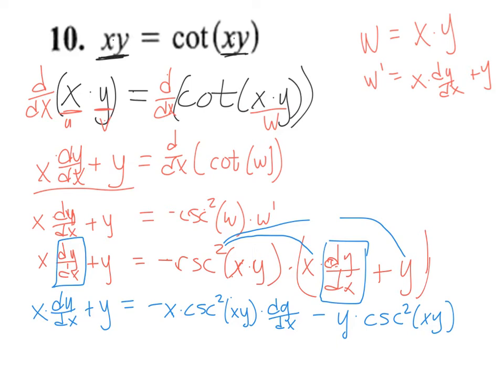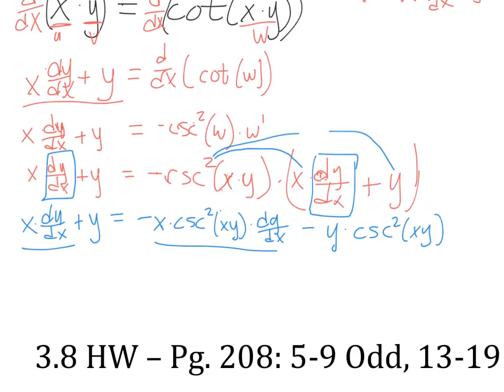Now I'm going to get all my terms that have dy/dx in them, so this one and this one, on the same side of the equal sign, and then all the terms that don't have dy/dx on the other side. So let's do that real quick.